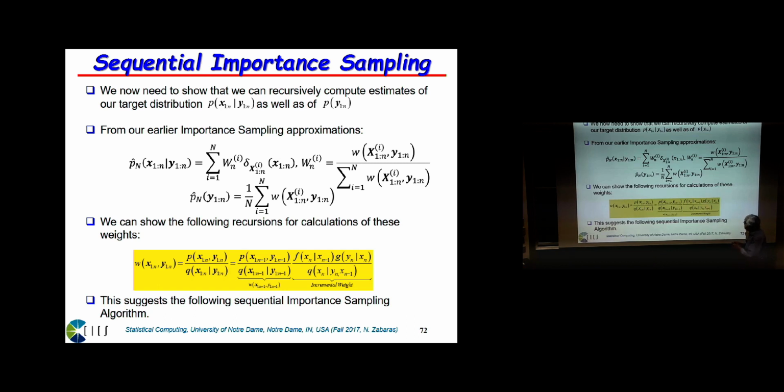So the idea: get samples up to time n minus 1, compute this weight, update the weights, and sample from this proposal distribution at time n. So the cost as you go does not grow exponentially with time. It's basically like repeating the same calculation with the same cost at each time.